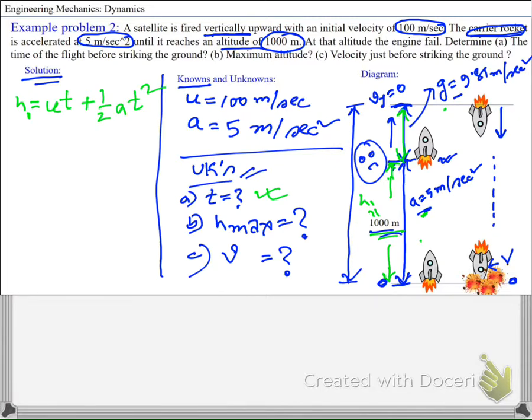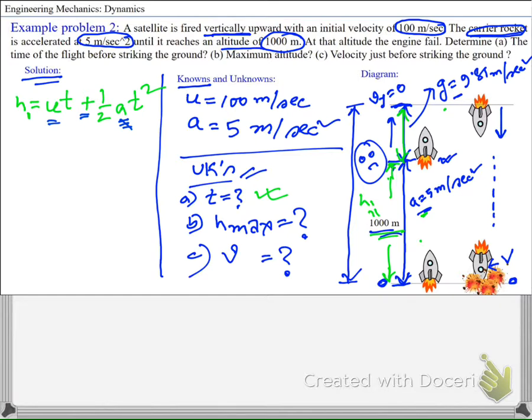So remember, we put plus because it is an acceleration towards the upward velocity, and this is the acceleration including against the gravity, so we don't have to consider gravity in this equation. This acceleration, which is 5 meters per second square, includes the total acceleration of the satellite.